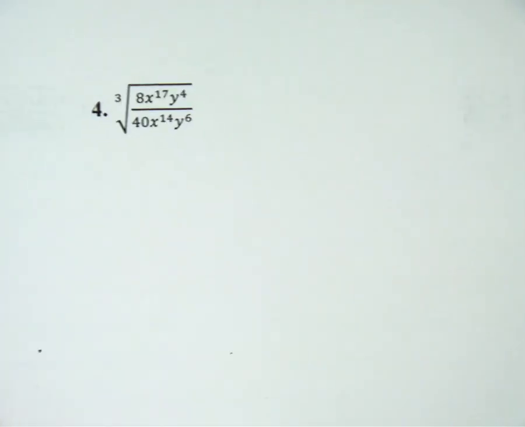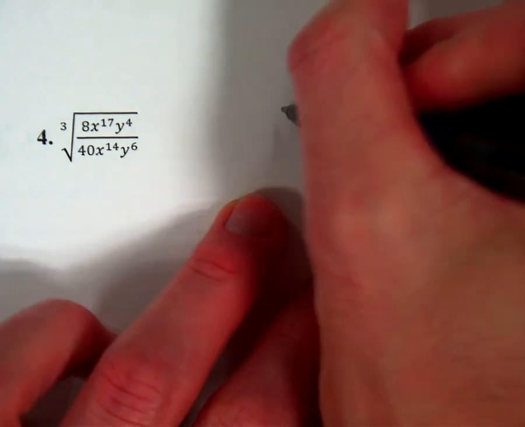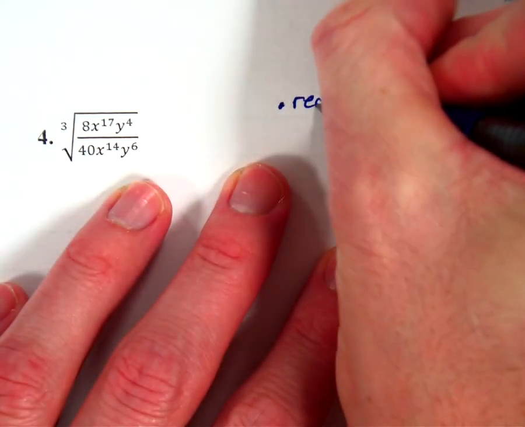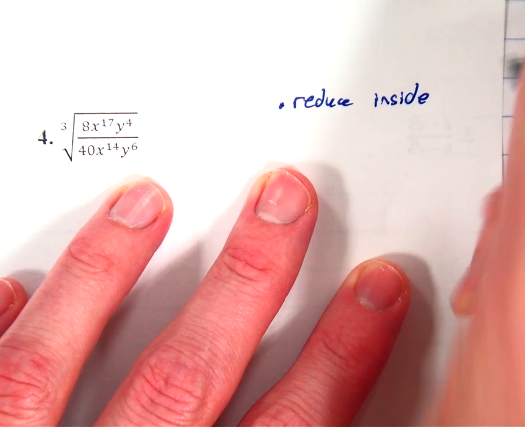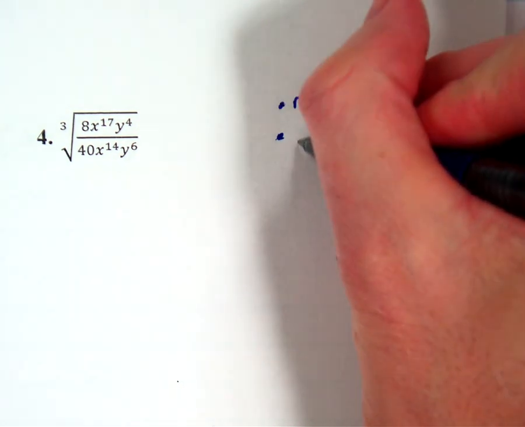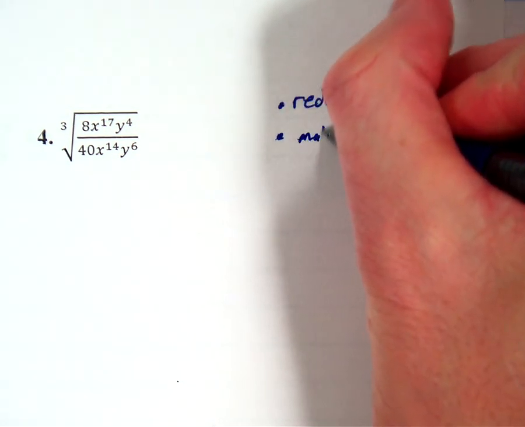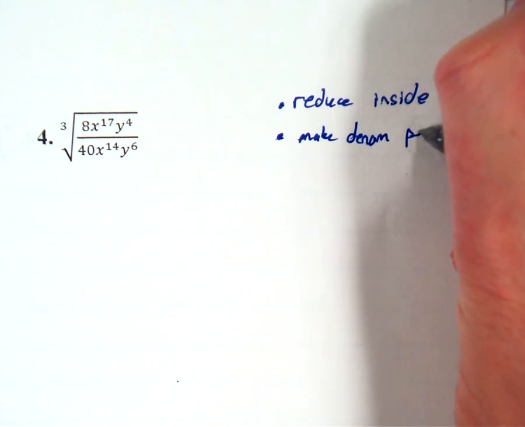Number 4. Simplifying a fraction inside a cube root. Okay, step 1, we're going to reduce inside. Reduce inside first. Then we're going to work to make the denominator perfect. The bottom of the fraction perfect.